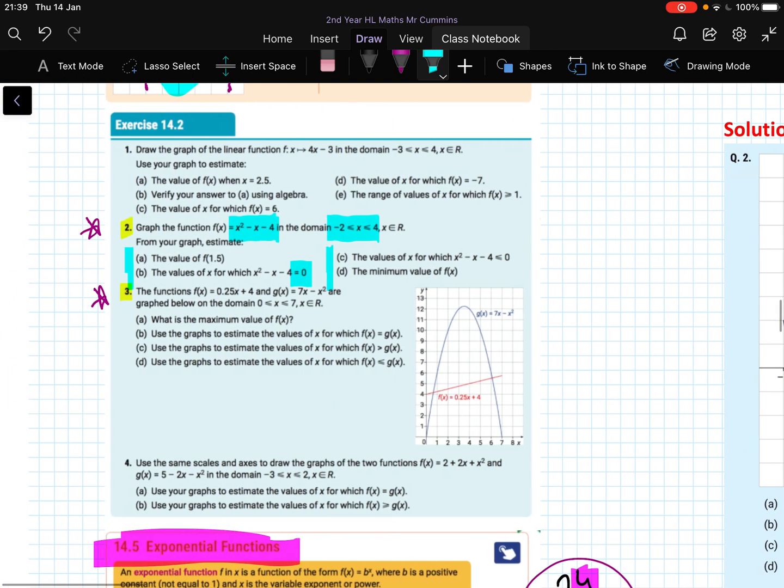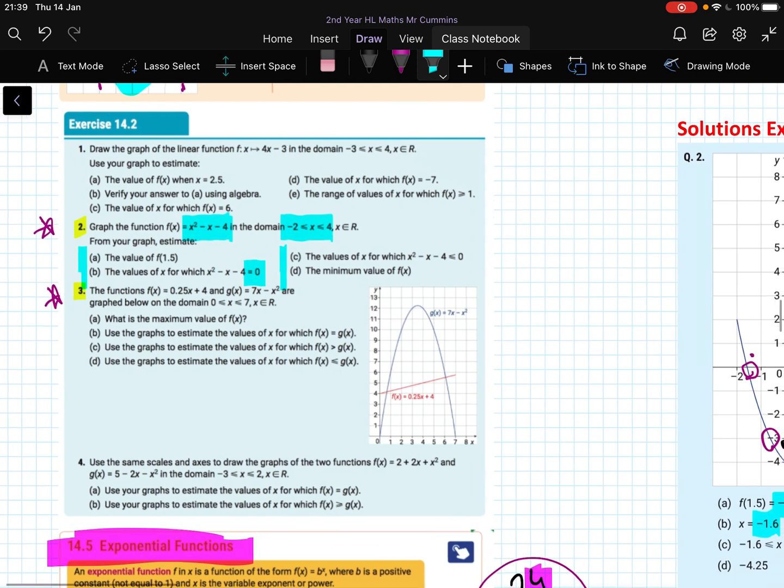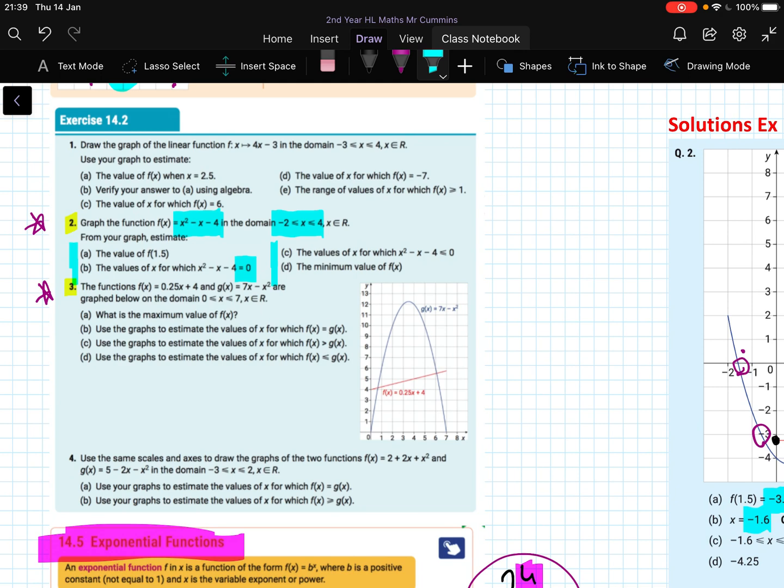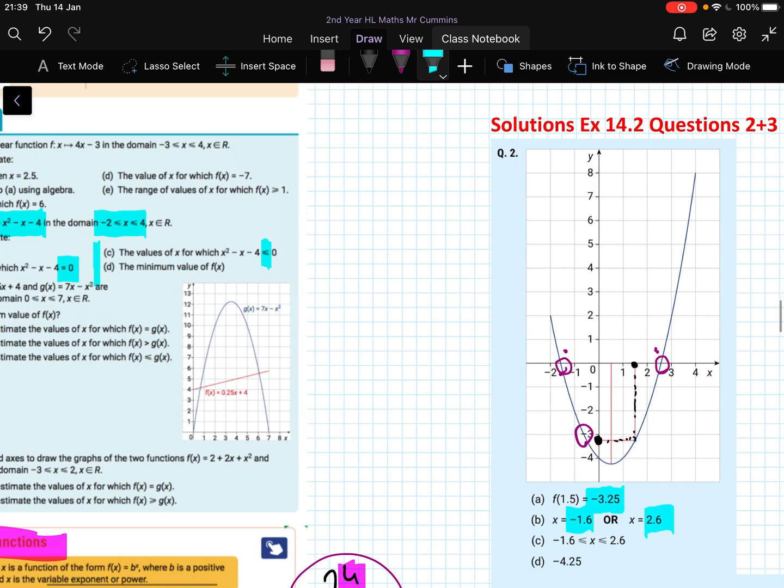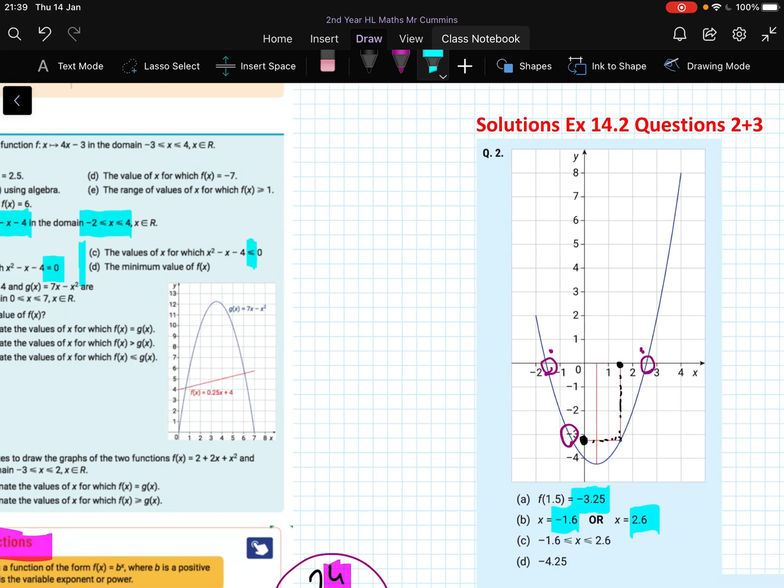Parts C and D are related to part B. The values of x for which x squared minus x minus 4 is less than or equal to 0. You're saying, well, where is our function less than or equal to 0? If we look at our full function, obviously the function is the full curve. The curve starts there and ends over here. But our function is greater than 0 here, and it's greater than 0 all the way up here. Our function is less than 0 down here.